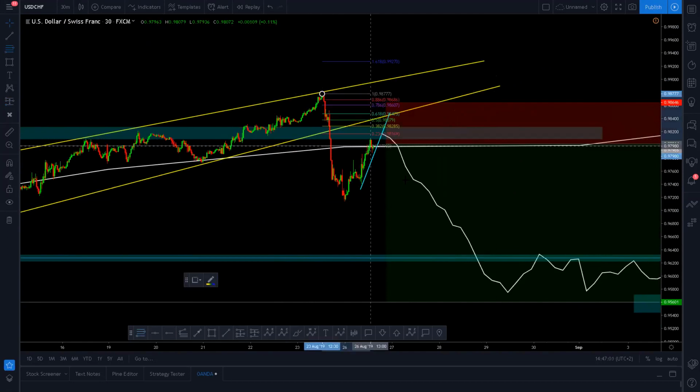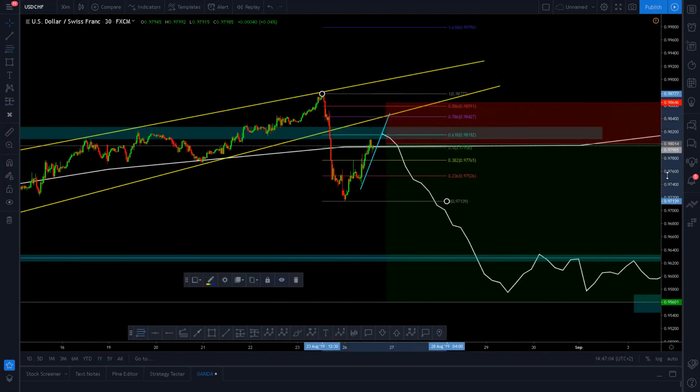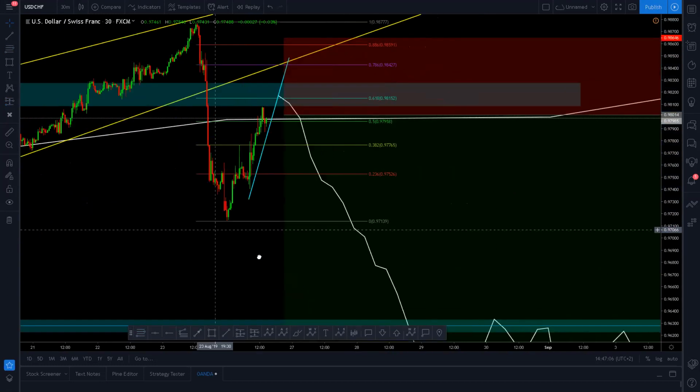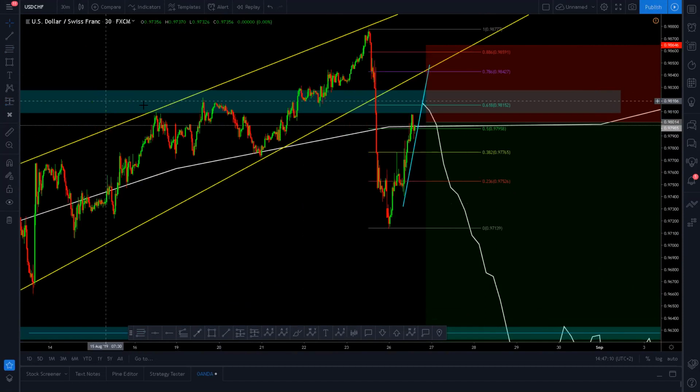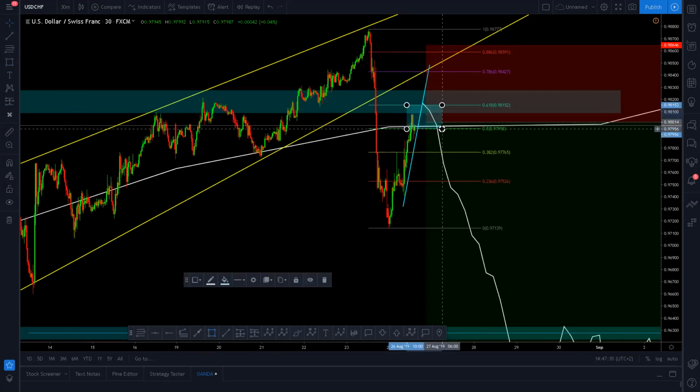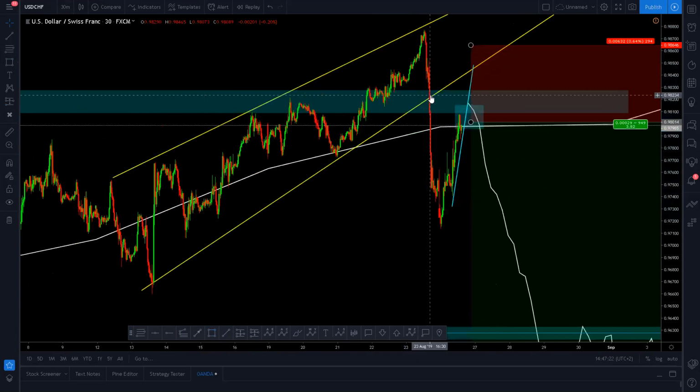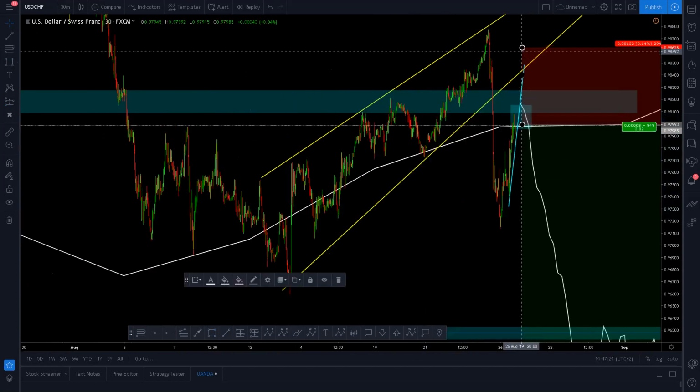Let's see our fib retracement. You can see the 61.8 is also in confluence with that zone that we drew on the higher time frame. So your entry is right there. Let me clean up.